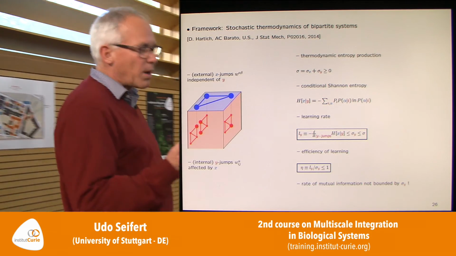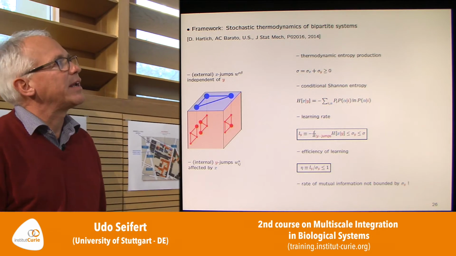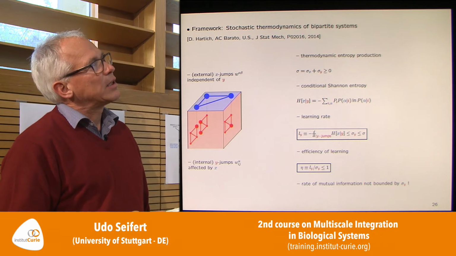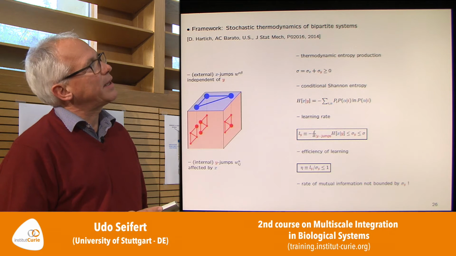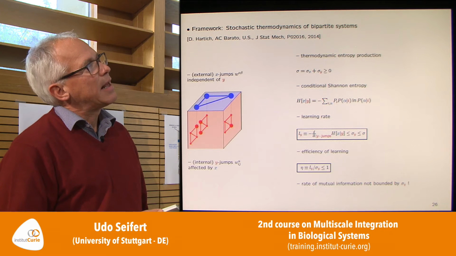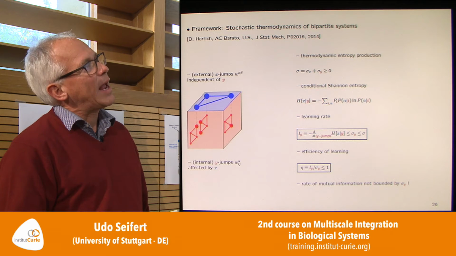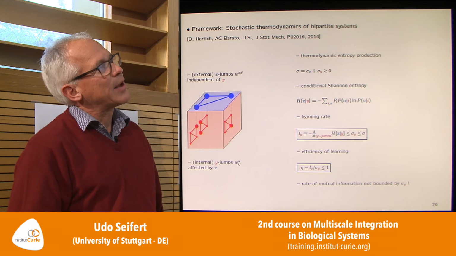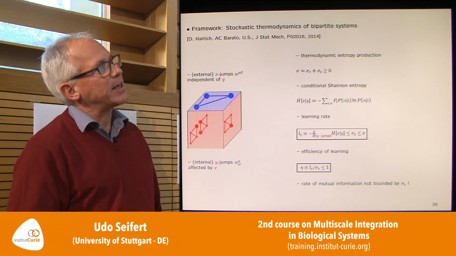And when looking for a quantity which is bounded by the dissipation due to that machinery, we found what we then call the learning rate. The learning rate is the decrease in the Shannon entropy about the state of the external system. You want to know that state, and therefore you have jumps here in your internal world, and the precise definition for the learning rate is that it's the change of this Shannon entropy, the conditioned Shannon entropy.